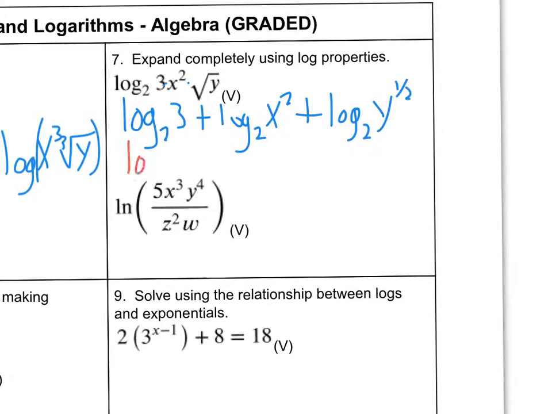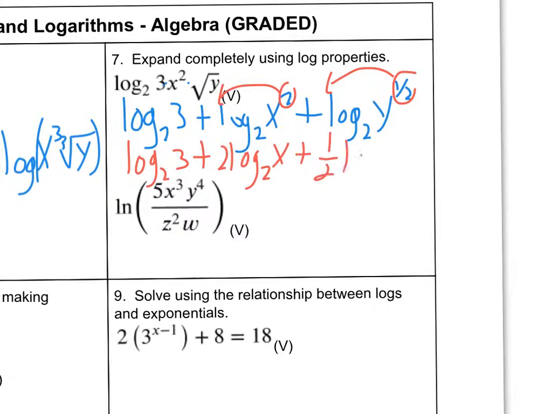So that's going to be log base 2 of 3 plus, exponent comes down, 2 log base 2 of x, plus, and the exponent comes down, 1/2 log base 2 of y.